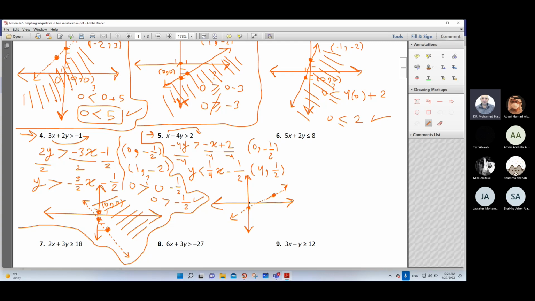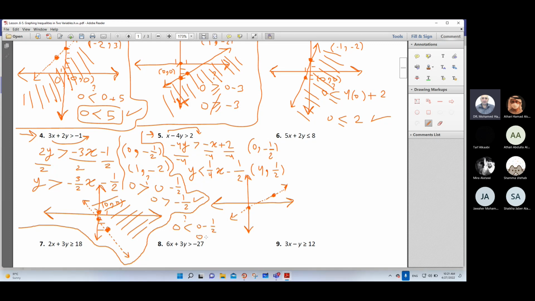Then make a test, use the origin to know if this is the area of the solution or not. So you can substitute here the value of y as 0. Is 0 less than 1 over 4 times 0, which is 0, minus half?